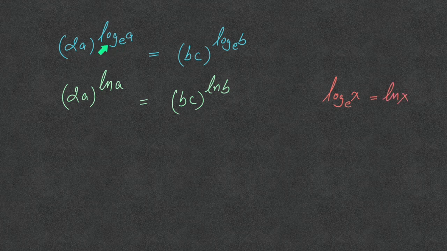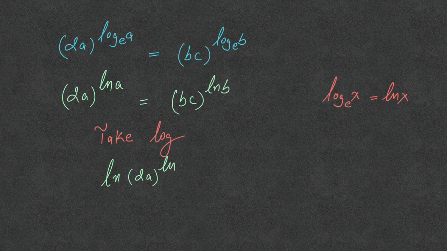To reduce this equation, we take log on both sides. Log of 2a to the power log of a is equal to log of bc to the power log of b.